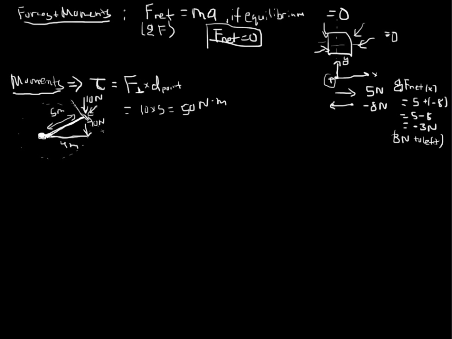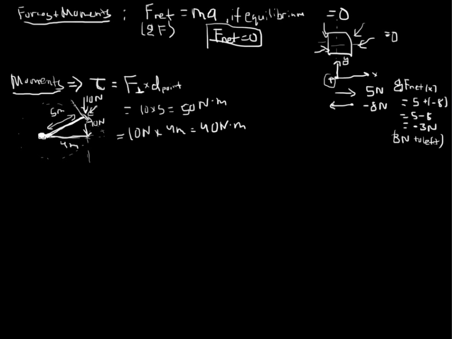That's not going to change throughout this whole way. And now you've got a perpendicular force, 90 degrees to the line to whatever point you care about. So now you can just do 10 newtons times 4 meters, 40 newton meters. Sorry.